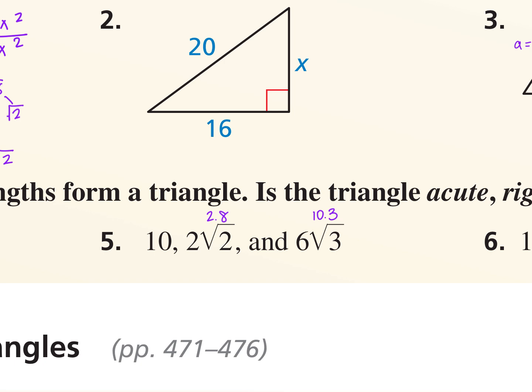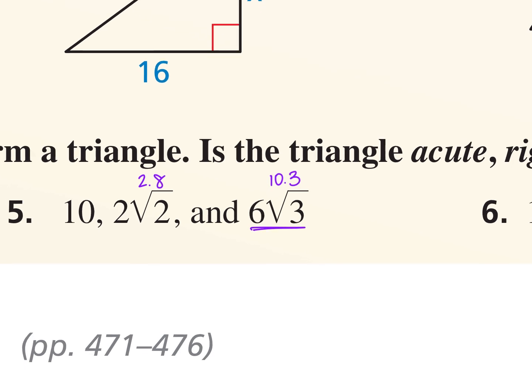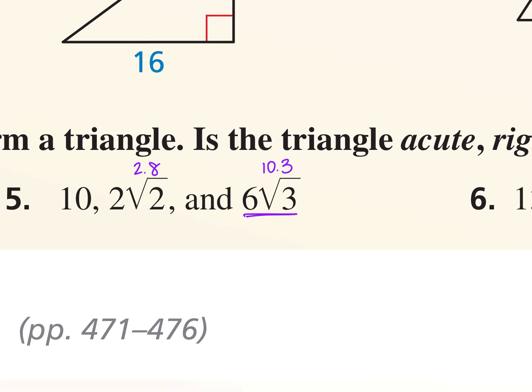And now I'm going to determine which one's my hypotenuse. Always check. When they're giving you square roots, the square root is not always going to be your hypotenuse. You have to check. So which one's my larger number? 2.8 is definitely not my larger number. Is 10 larger than 10.3? No. So this is my hypotenuse right here. So solving it, please pay attention to this.